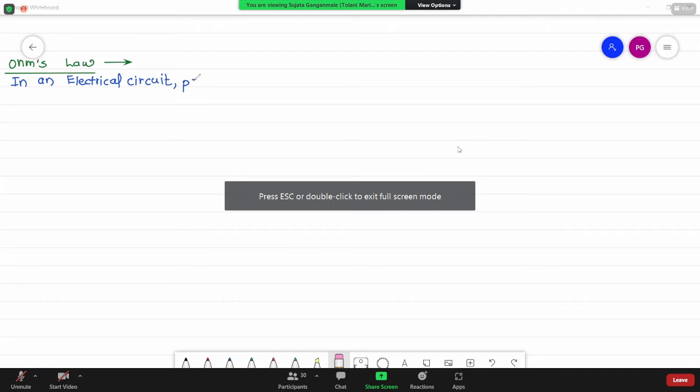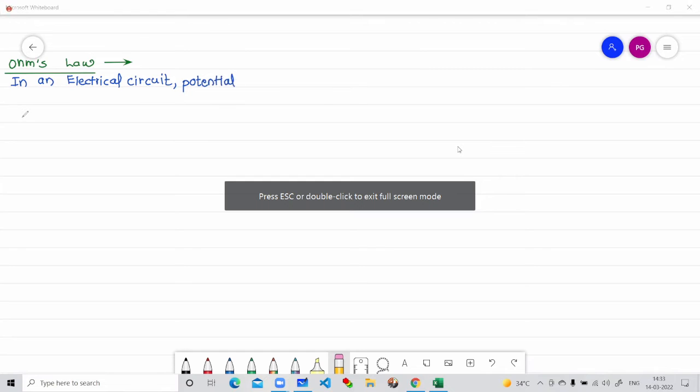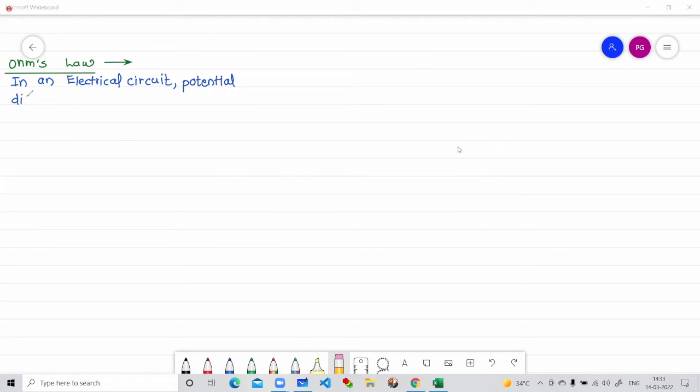Potential difference applied. Actually, I should write ratio of, wait.